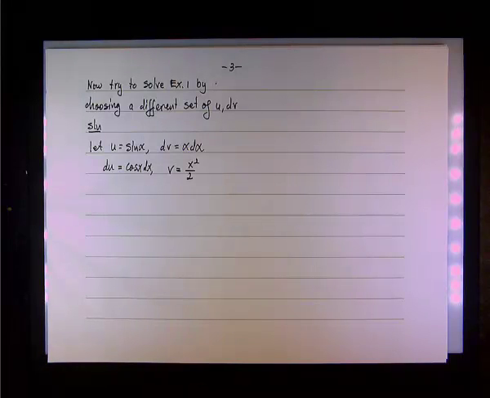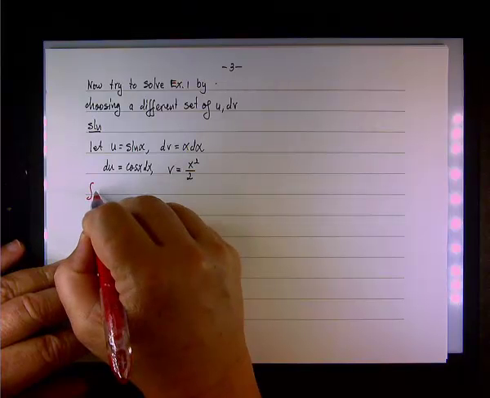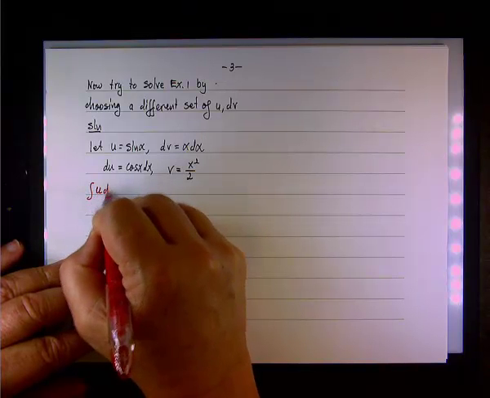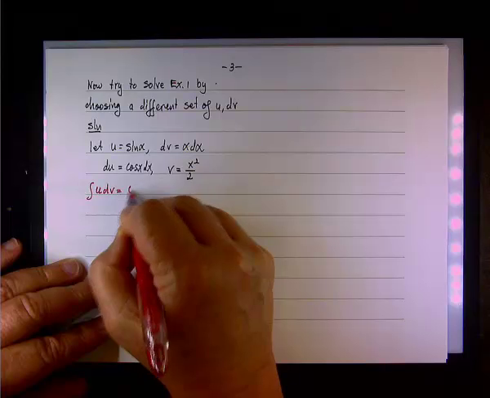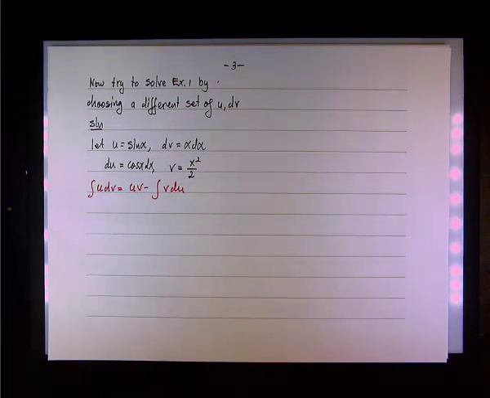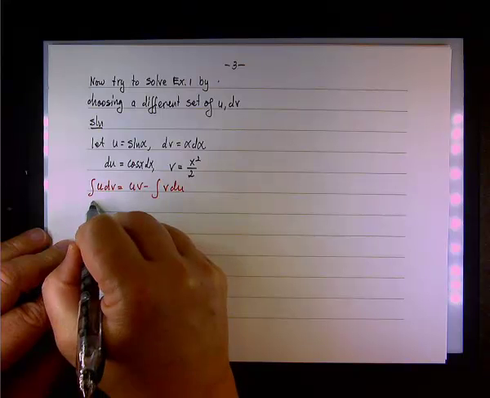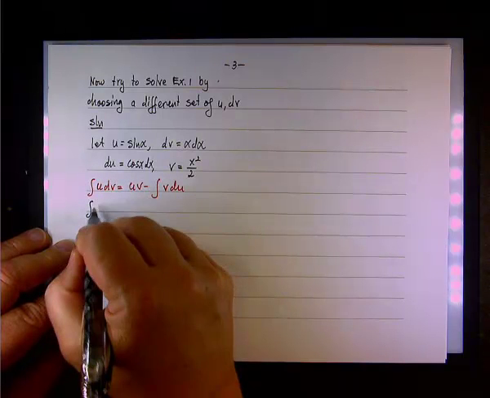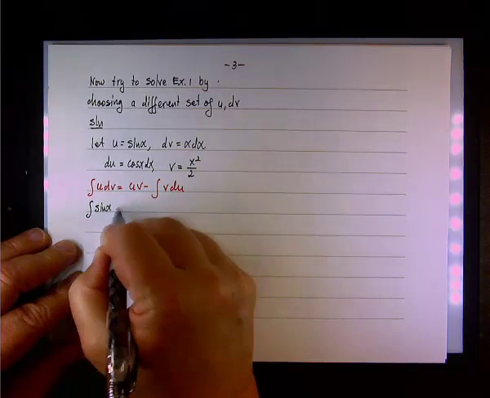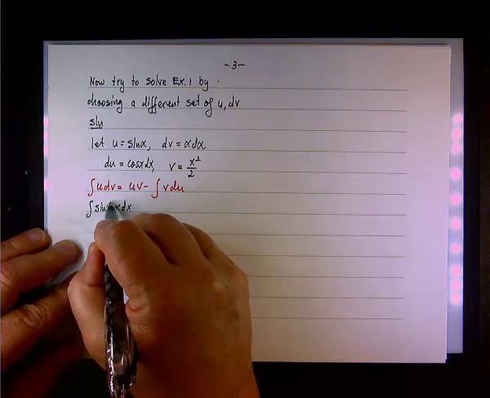Okay, so again, let's write the rule. The integral of u dv equals uv minus the integral of v du. Underneath, we'll write our result here. Since u is sine x, I'm going to write it slightly differently. So it will be sine x, and dv is x dx.